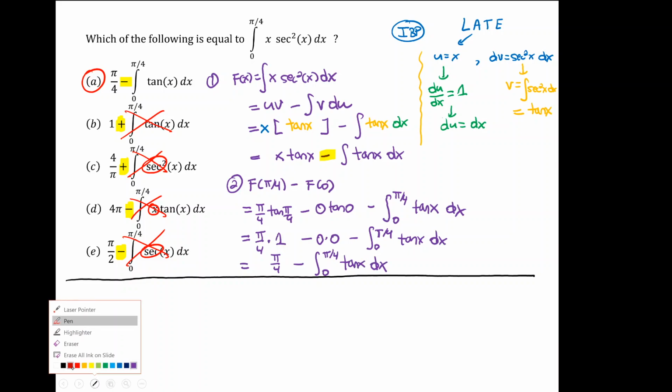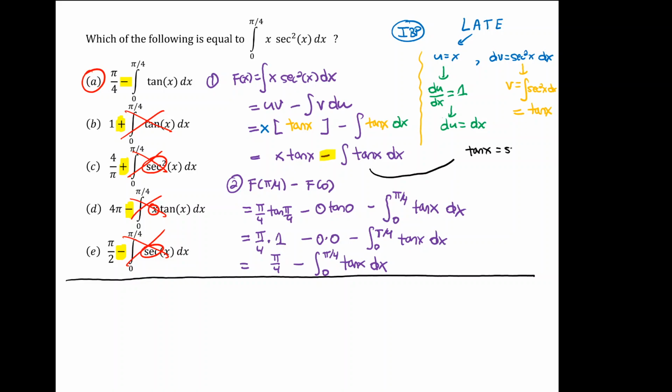If you wanted to continue, if you want to fully solve this, even though you don't have to because it's multiple choice, tan of x is sine over cos, and then let u equal cosine of x, and do substitution. But the question didn't require that. It required us to halfway integrate.